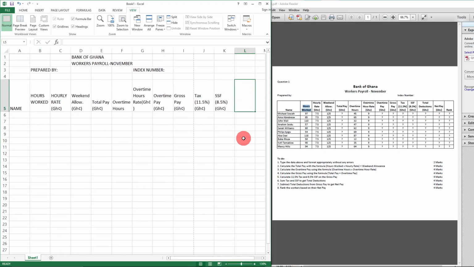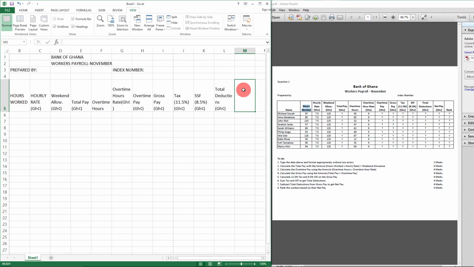the next one is total deductions. Total deductions, GH cedis.